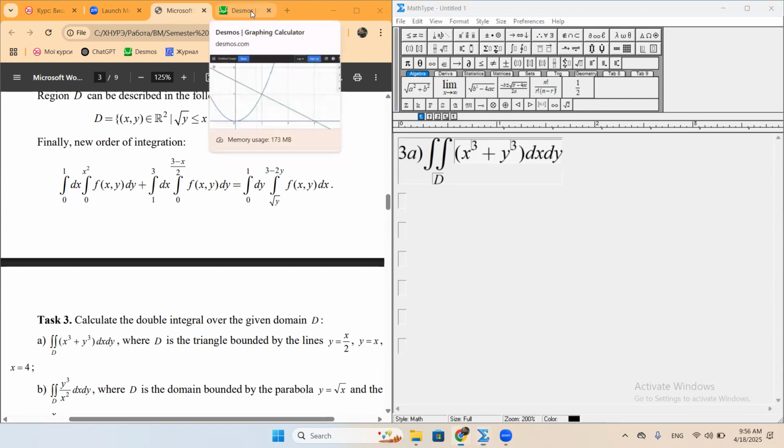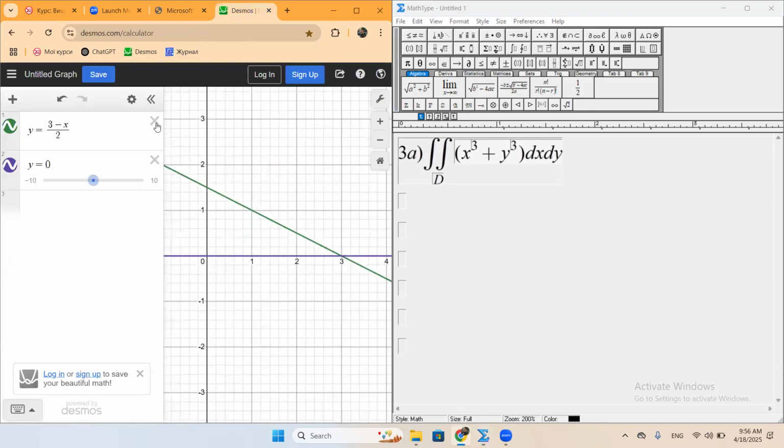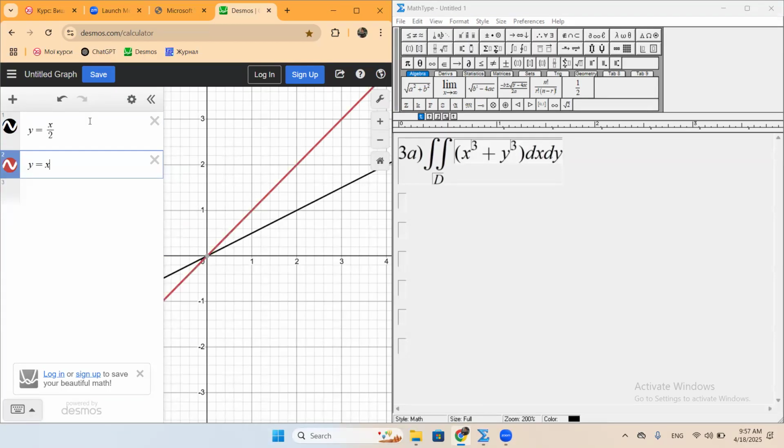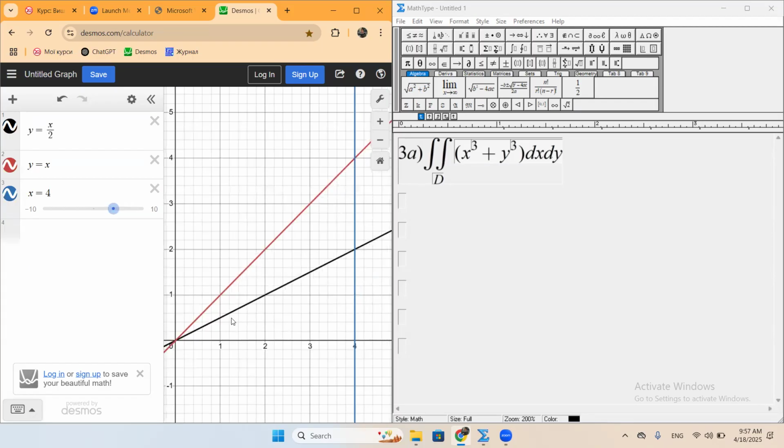Let's plot this region. And what can we see? We have such a triangle.